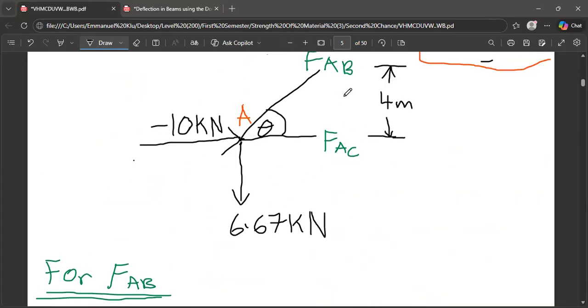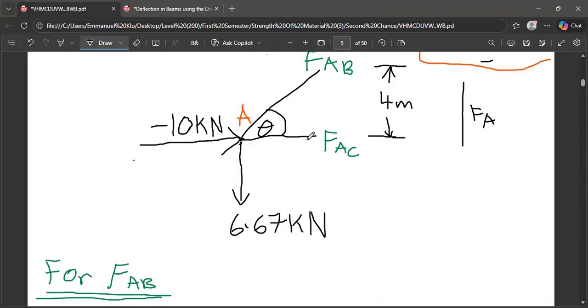So we know that the vertical force over here, we know it to be what? FAB sine theta, right? FAB sine theta. So what do we do? It is actually positive. Okay.